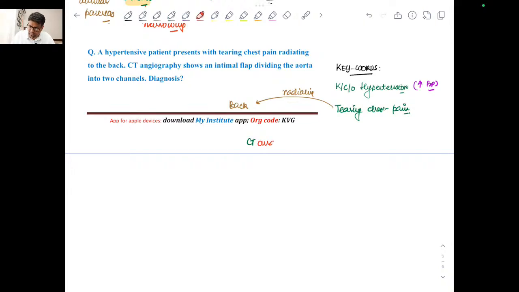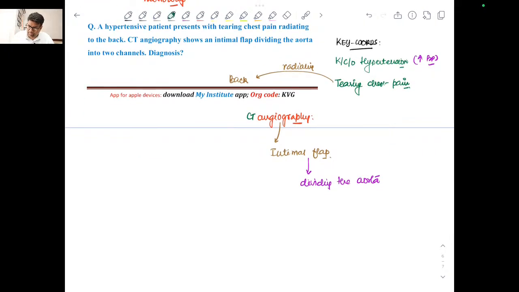So, CT angiography, it is showing intimal flap, right, of tunica intima, and this flap is dividing the aorta into two channels, right, into two channels.